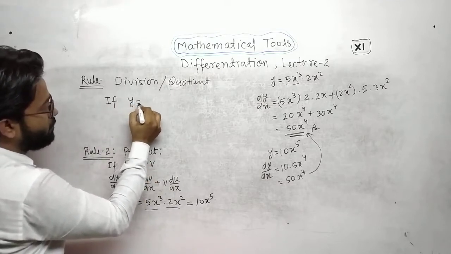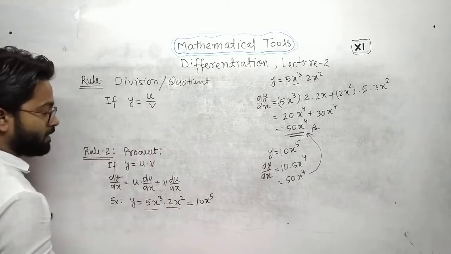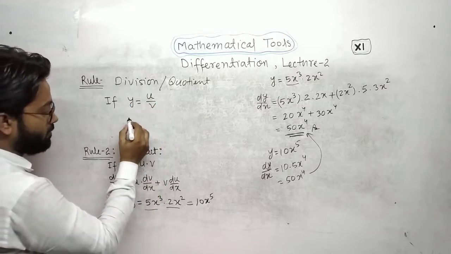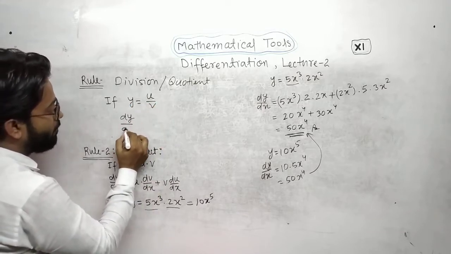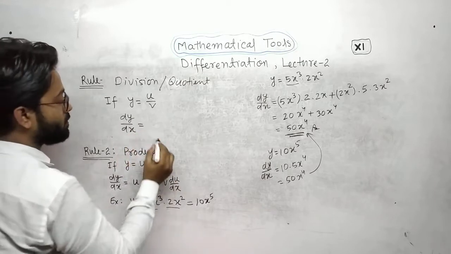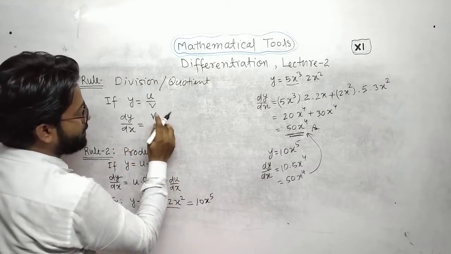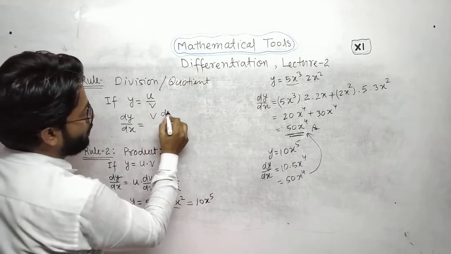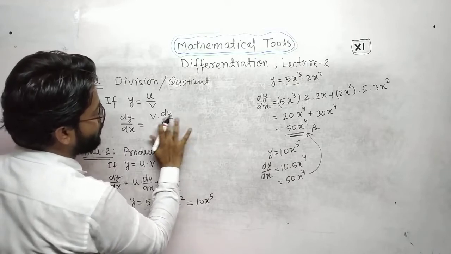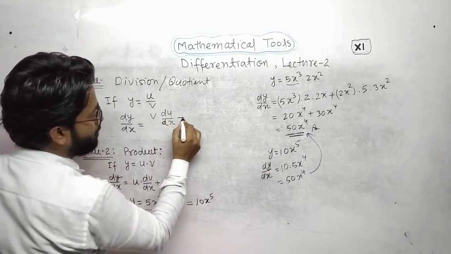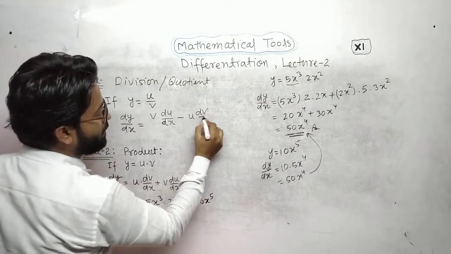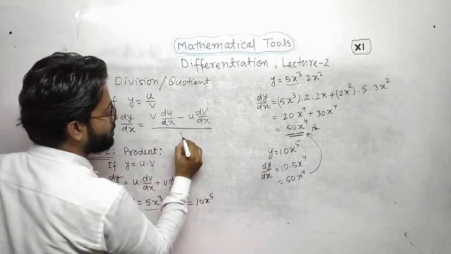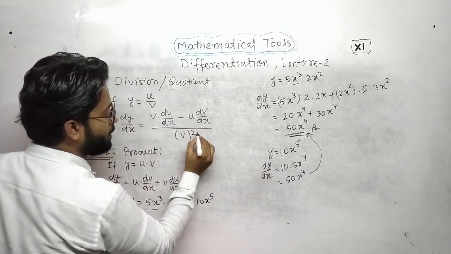If y is equal to u upon v, then dy upon dx will be equal to v, meaning the denominator, into the differentiation of the numerator, minus u dv upon dx, all upon v whole square.